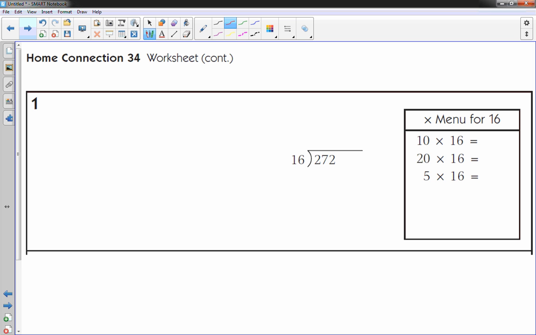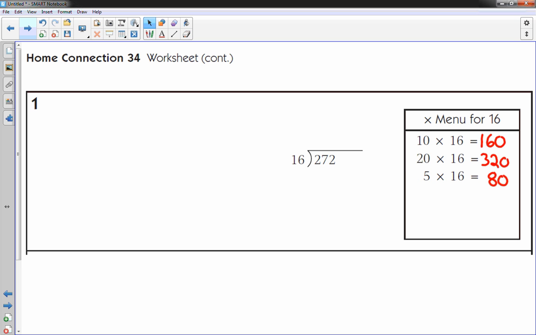So 10 times 16 is 160. 20 times 16 might be difficult, but it's really just 160 doubled, because 20 is twice as big as 10. I can just double the answer to the problem above it and make it 320. And 5 times 16 is half of the 10 times 16. So that's 80. I hope that just made sense to you guys.